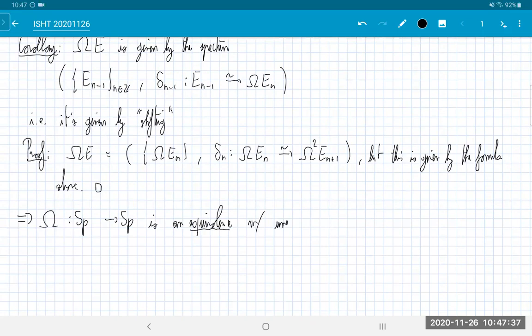With inverse. Sorry, no one corrected me, but of course the sign of the shift was wrong. Omega of E_n is E_{n+1}. No. Omega of E_n, no, I was right at first. Sorry about that.